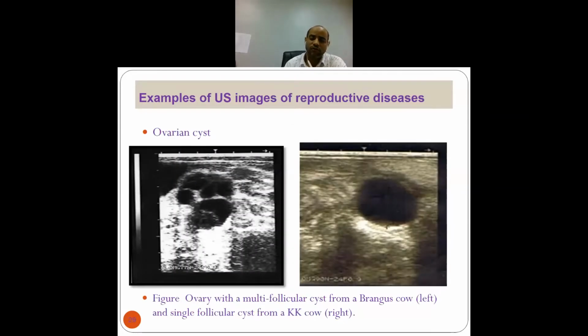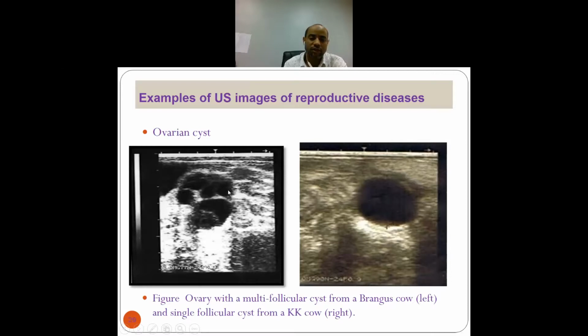Here is a much clearer ovary with a problem. These are examples of ovarian cysts, which are personal collections by myself. This is a polycystic ovary that was found in one of the cows, a Brangus cow from TPU.